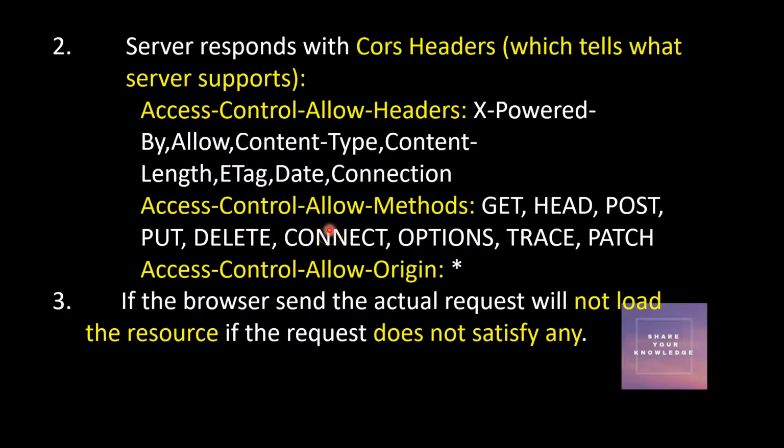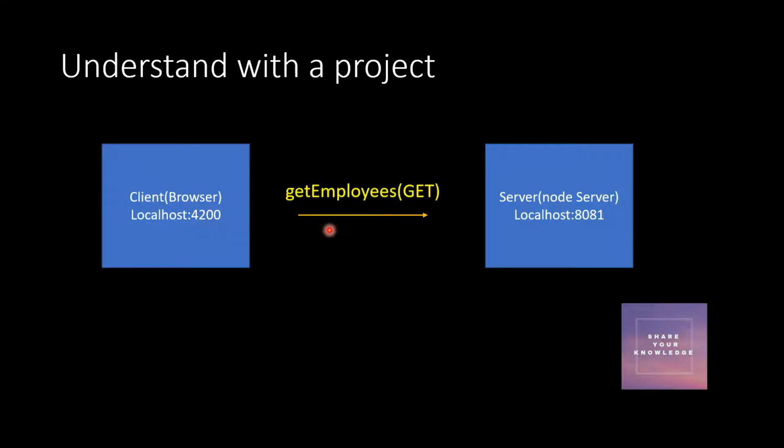Hope you understood. Now let's understand with an example, which will be easier to follow. I have a browser with an Angular application running on localhost 4200, and a Node server running on localhost 8081. From the browser I'm going to send a get employees request to the Node server.